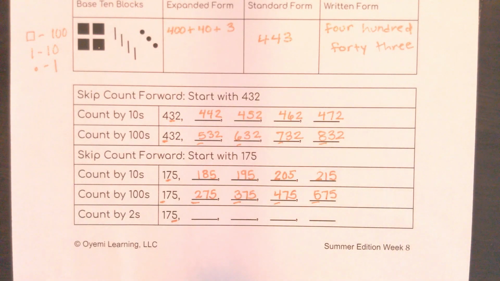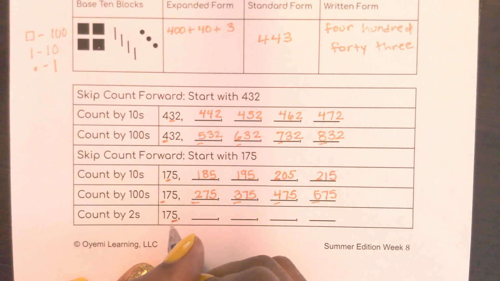Now down at the bottom here, I chose to skip count using an odd number. Usually when students or teachers skip count by 2, they always skip count with even numbers, 2, 4, 6, 8, 10, 12. But you can skip count by 2 with any number. So here I have 175.